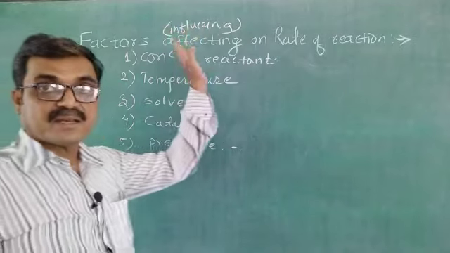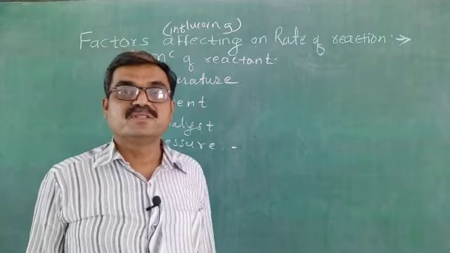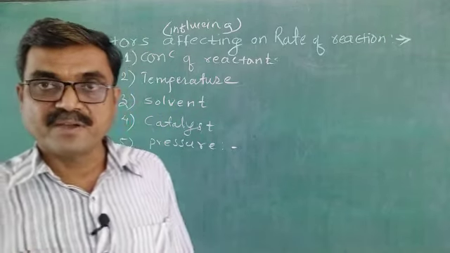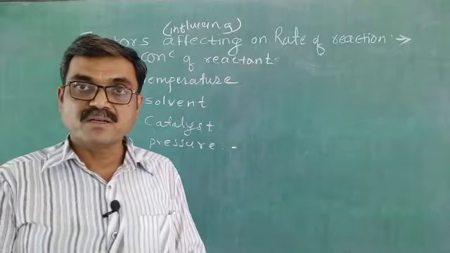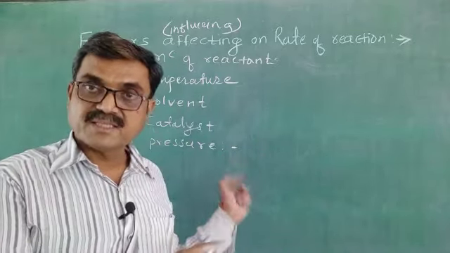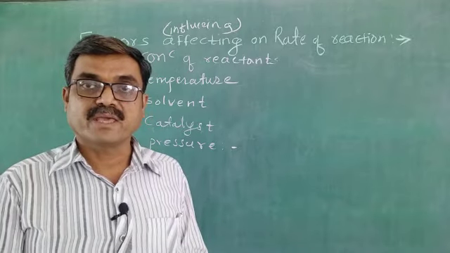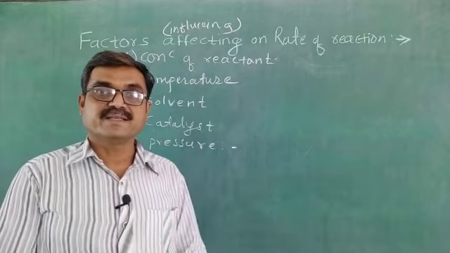Same thing, influence or effect. Which are these 5 factors? Concentration of the reactant, then second one is the temperature, next one is the solvent, then catalyst, and last one is pressure. Okay, now here as pressure increases, rate of reaction increases.